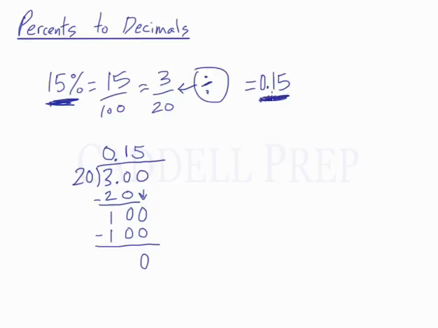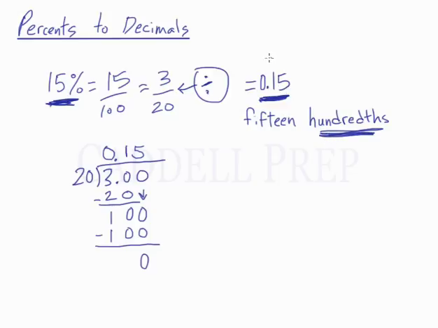Okay, there's a reason why I'm saying 0.15. That's not the proper way to say this number. This number is read as 15 hundredths. What does hundredths mean?